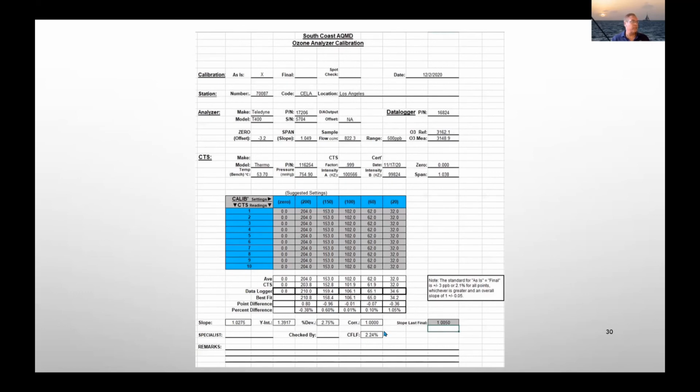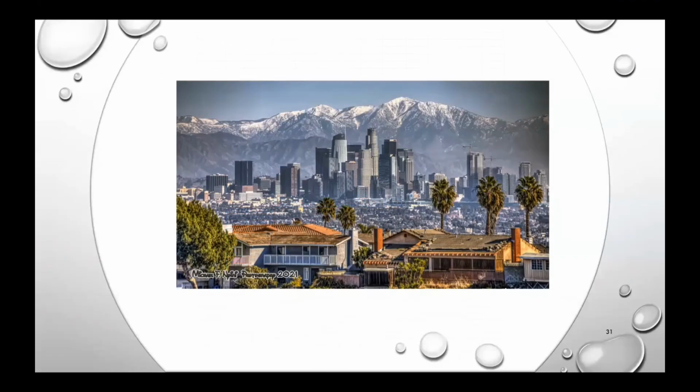We've got some other interesting pieces of information here also, correlation, and then change from last final. So it did change 2% from last final, and that's an acceptable reading as well. So that's it for me. And I hope all of your calibrations are successful, and happy ozone monitoring.